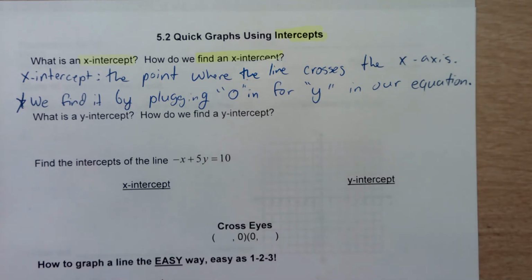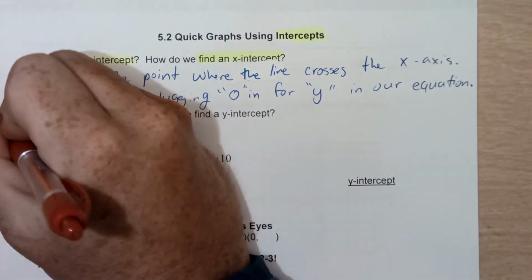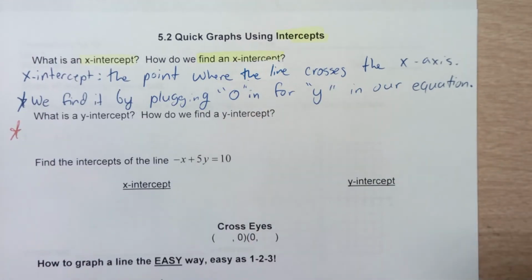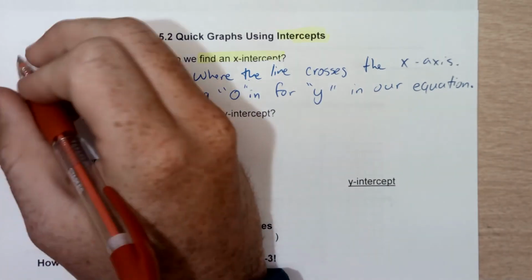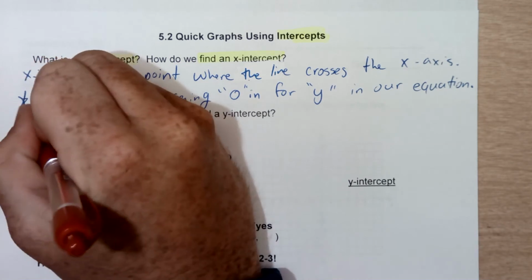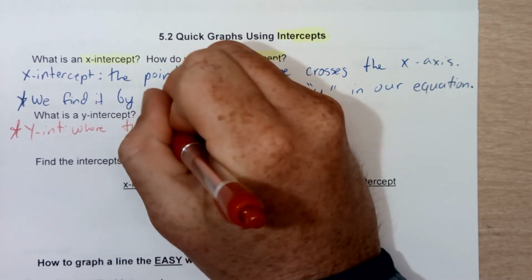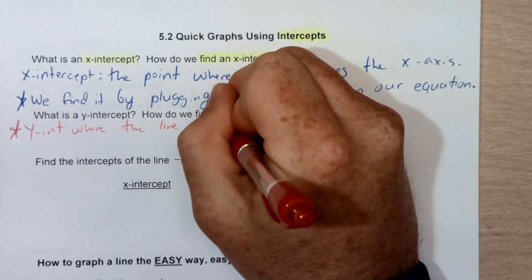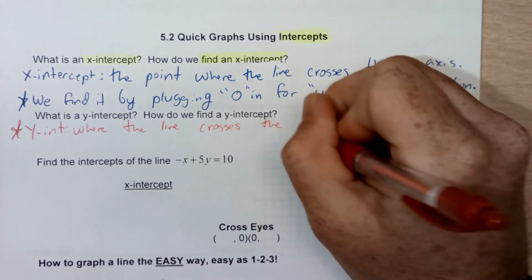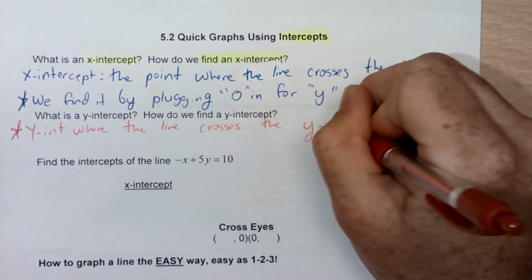Okay. The y-intercept, if you guys could guess, the y-intercept is going to be where the line crosses the y-axis.